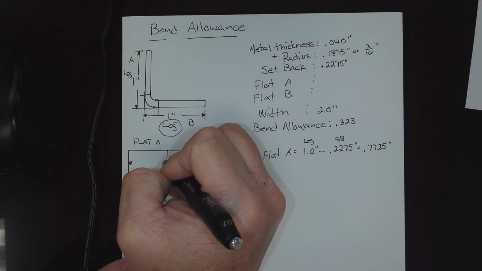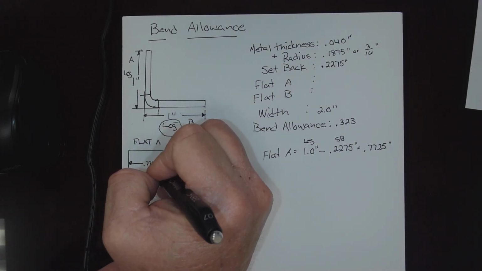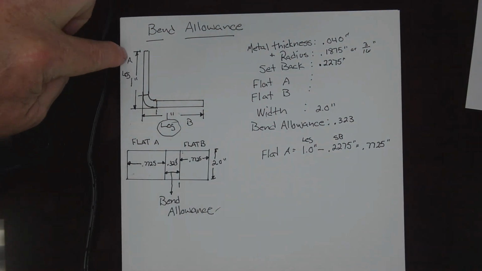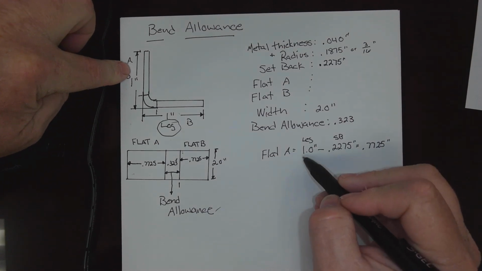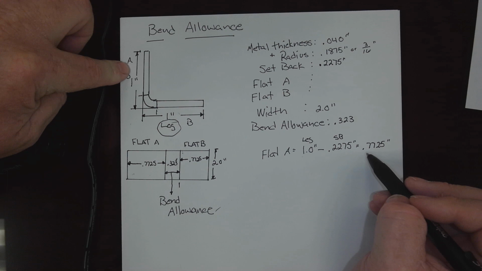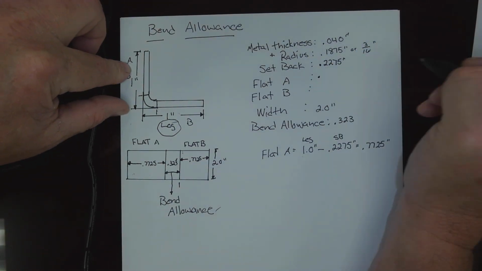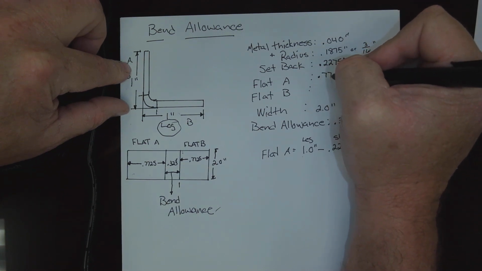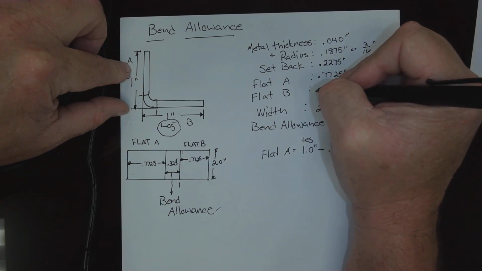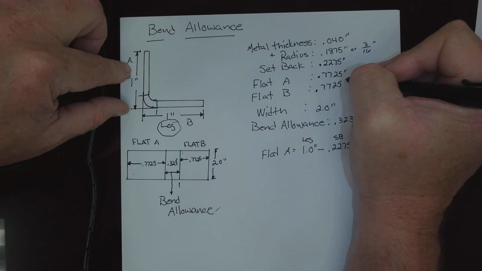Now, it was kind of simple for this little clip to calculate this, but if your leg lengths were different, let's say flat A was a 2 inch, we'd simply substitute 2 for 1. The setback would remain the same, and we'd have ended up with 1.7725. So I'm going to come up here and write in, as I solve for these, flat A is 0.7725 inches long. Flat B, since it's the same leg length, it'll be the same flat length.